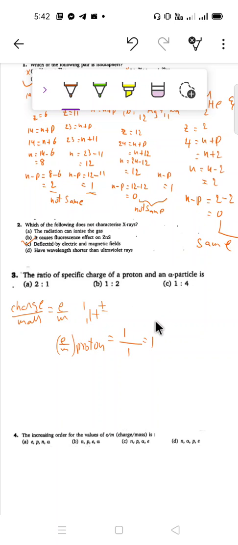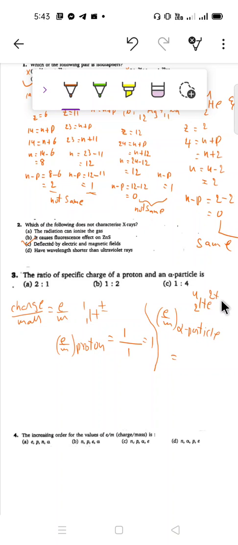Next, E by M value for alpha particle is equal to, okay, alpha particle means helium 4 2 plus.